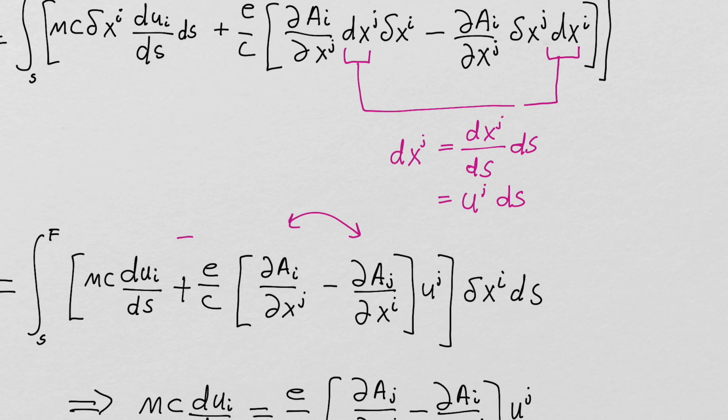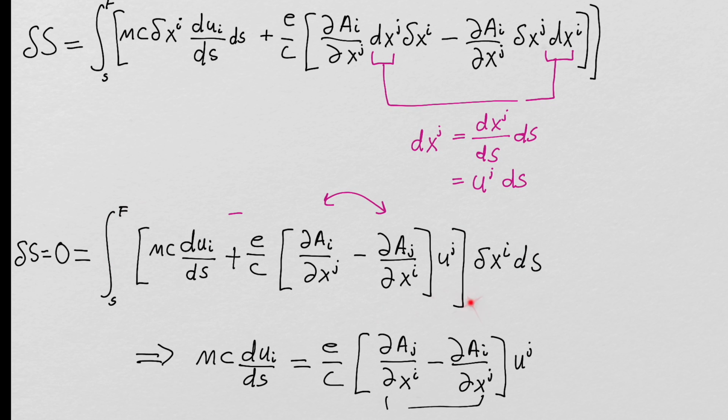The reason that's important is it allows me to pull out a u^j from this term and from this term, and the variation in the path, which is variation superscript i, variation superscript j, now they're both superscript i. So I can pull the variation out. And then everybody has a ds, so I can pull a ds out, and I'm left with this integral here.